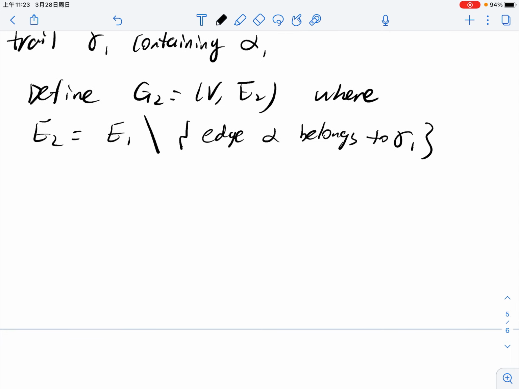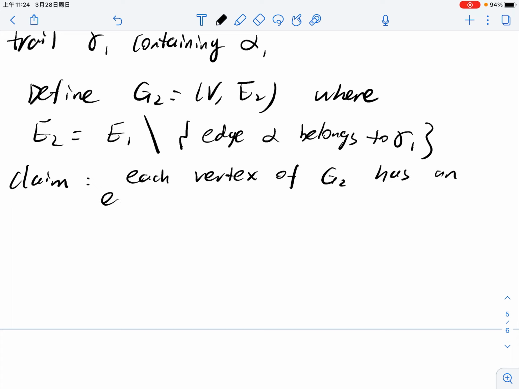And we claim that each vertex of G2 has an even degree.